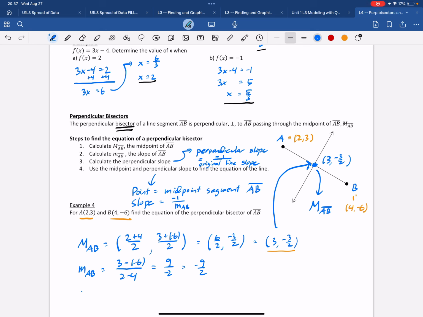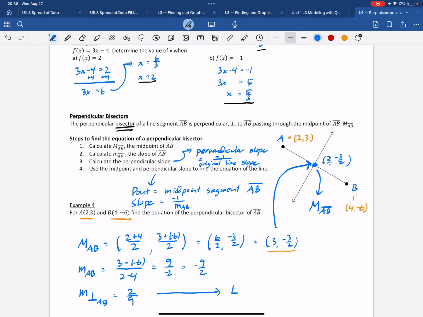So then I'm going to write the slope perpendicular to AB. It's just the negative reciprocal of this, so we flip it, it becomes 2 over 9, and we change the sign. So that's positive 2 over 9. And now we can write our equation.